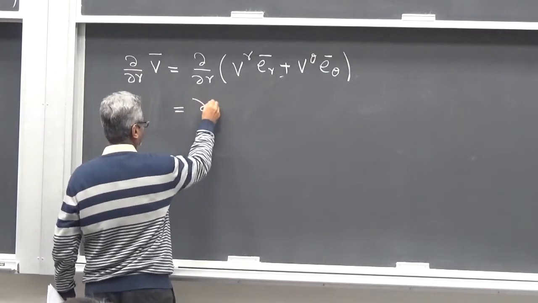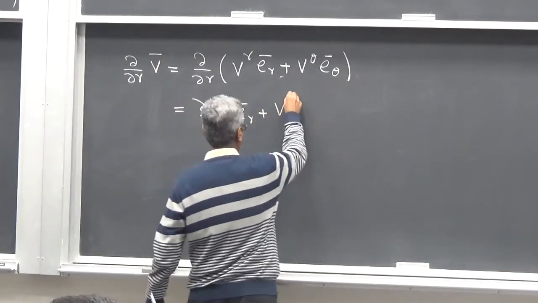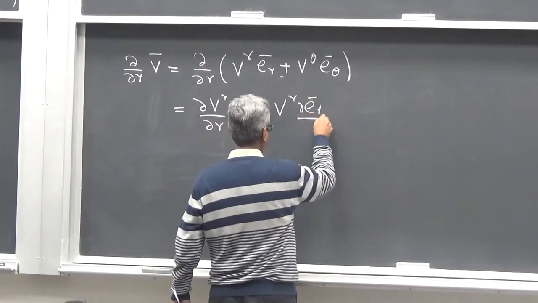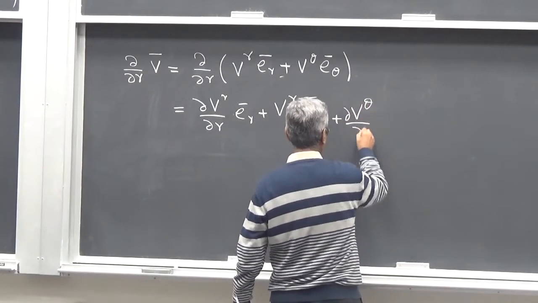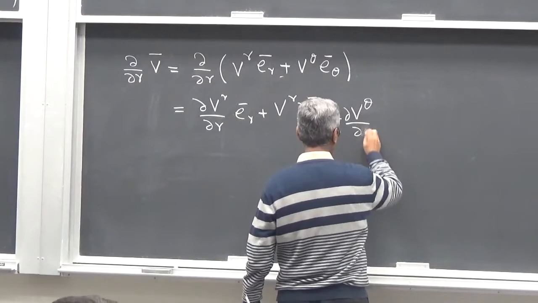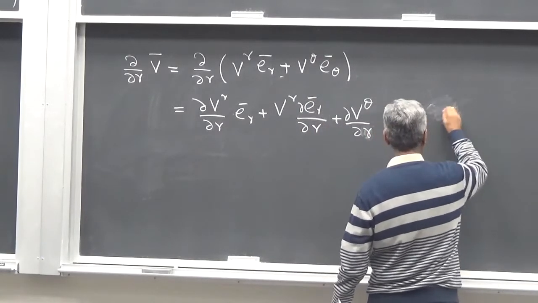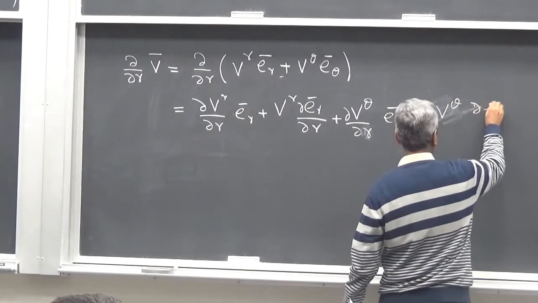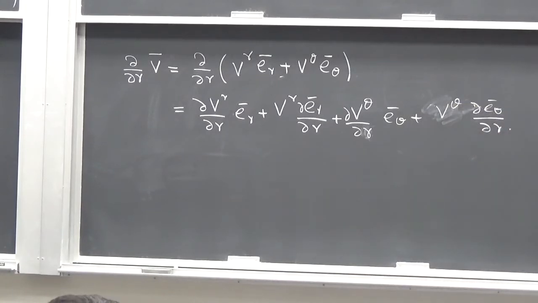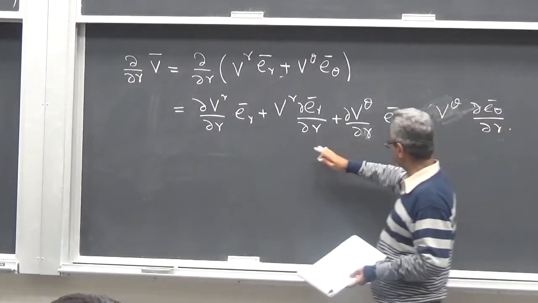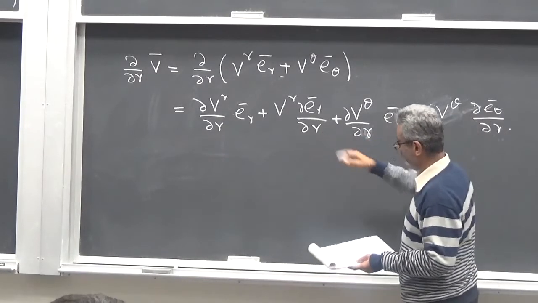This becomes partial v_r over partial r, e_r, plus v_r partial e_r over partial r, plus partial v_theta over partial r, e_theta, plus v_theta partial e_theta over partial r. Since you know all four of these, you can calculate that.